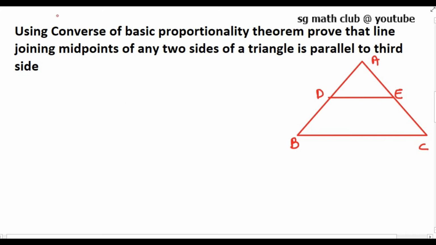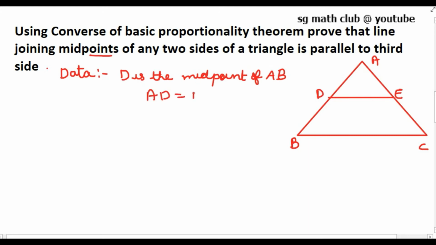Next, using the converse of the basic proportionality theorem, we need to prove that the line joining the midpoints of any two sides of a triangle is parallel to the third side. In the data part, they have given the line joining the midpoints of two sides of the triangle. D is the midpoint of AB, so AD equal to DB.